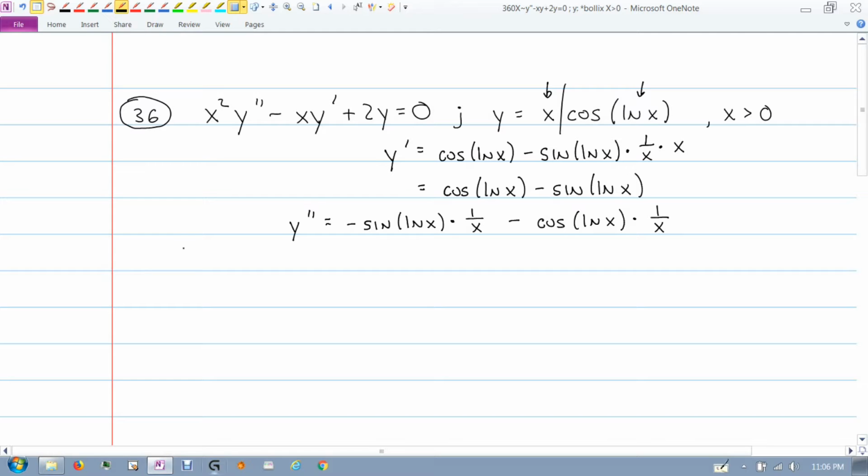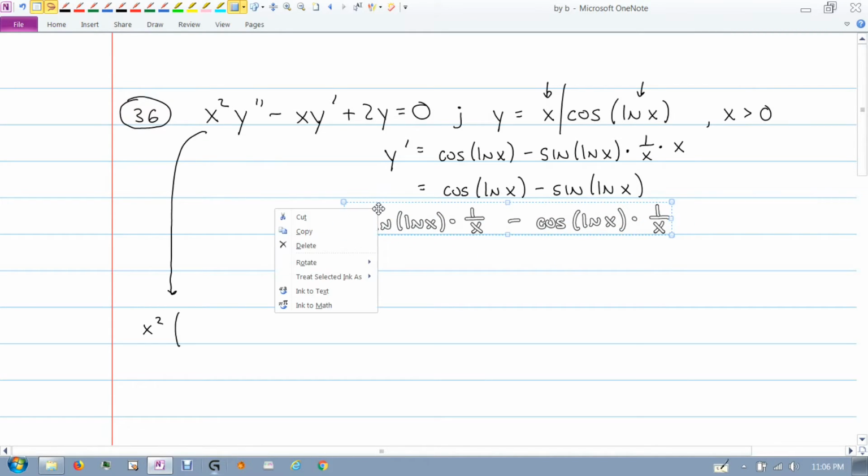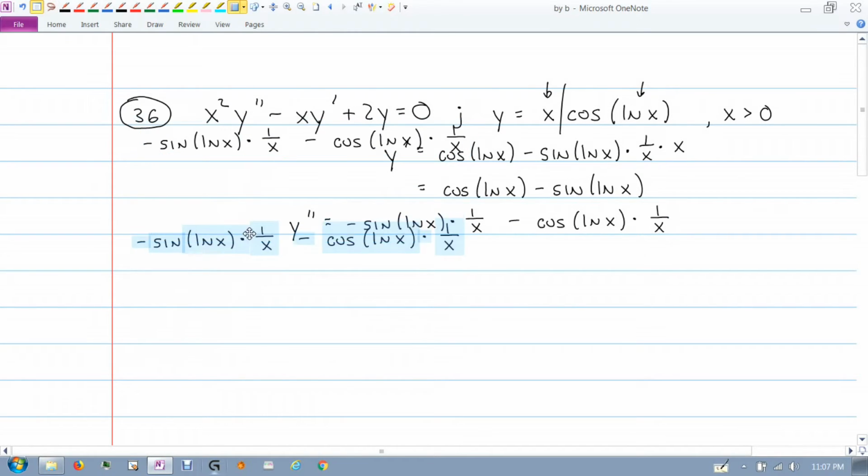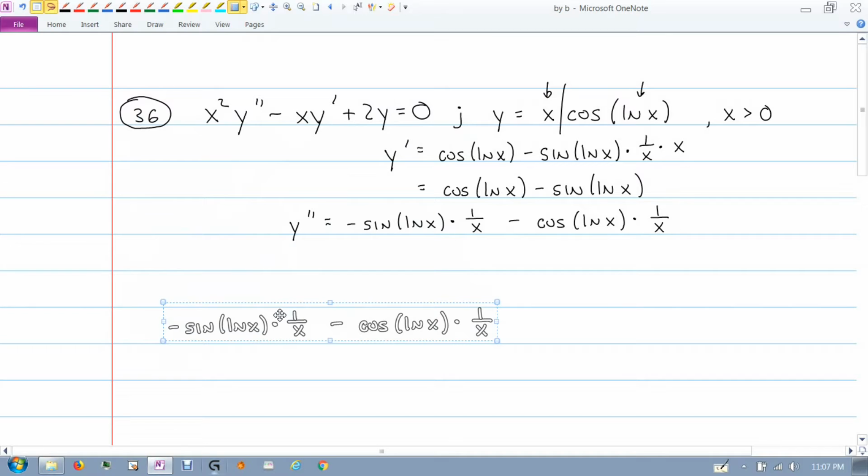So what happens now when I multiply x squared times this here? Whoa, where'd that x squared go? That's x squared times y double prime, then minus x times y prime.